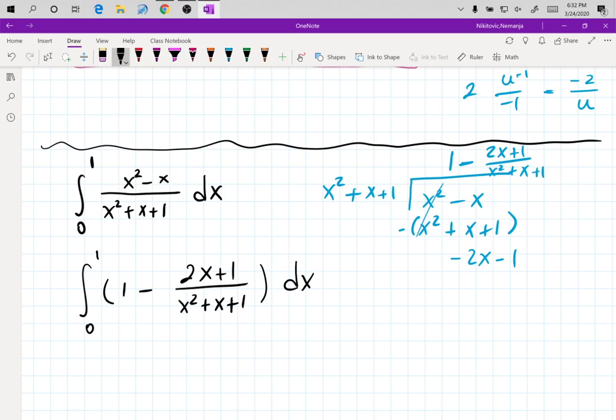So now we see that we are in luck because we don't get to use partial fraction decomposition.